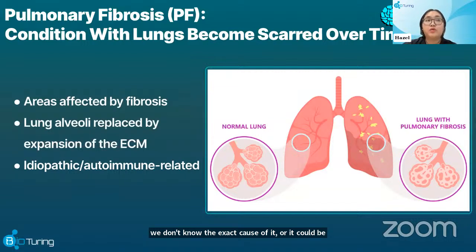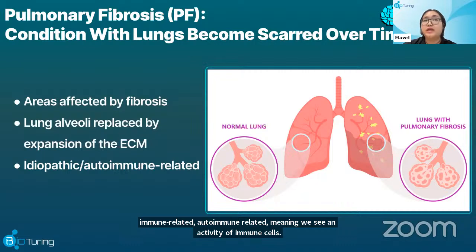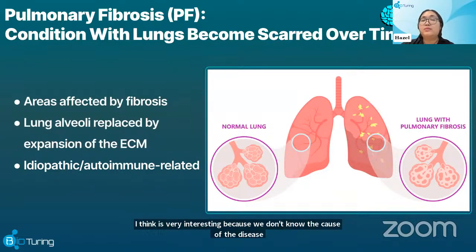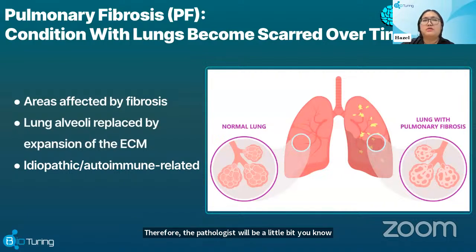For the topic of today, we will focus on idiopathic pulmonary fibrosis, which I think is very interesting because we don't know the cause of the disease. Therefore, the pathology is a little harder to figure out, I suppose.